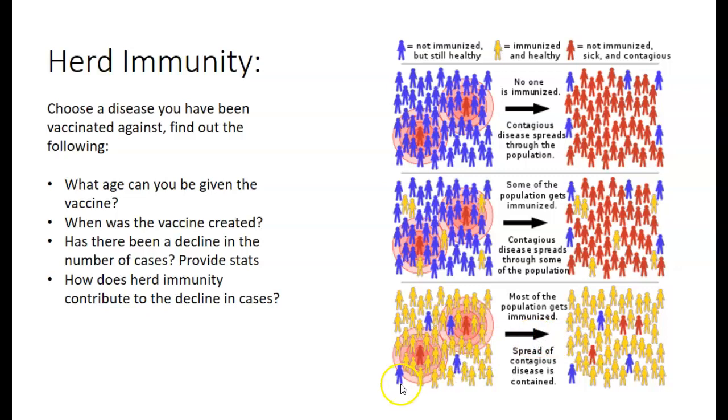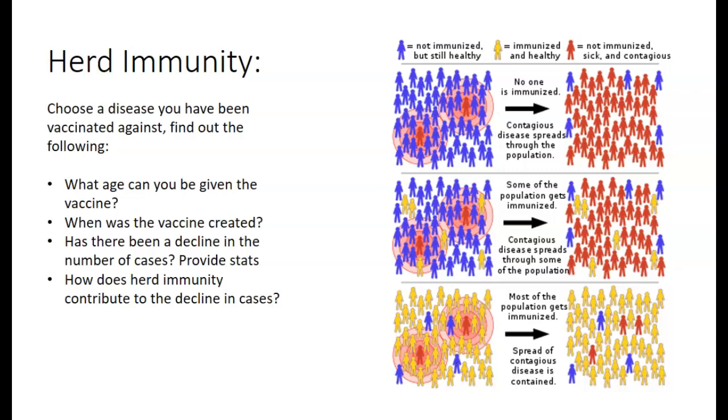Why are these people not immunised? So why is herd immunity such an important idea? Because we have people in our population who can't be immunised. Sure, we have people who choose not to be immunised.